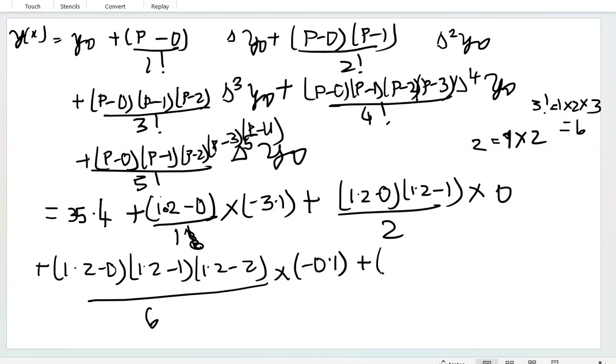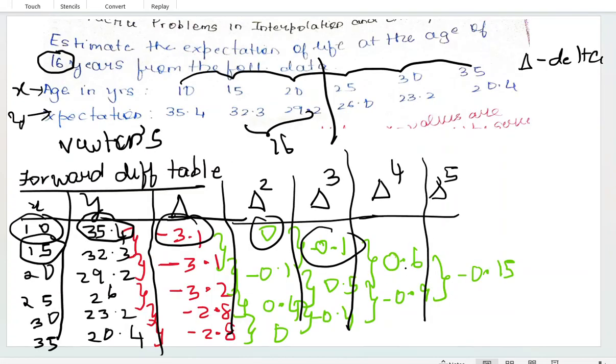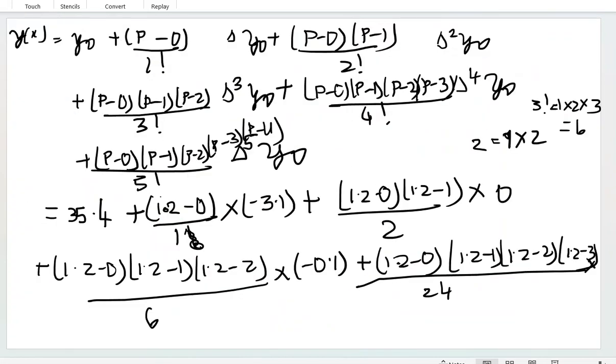Similarly, delta 4 will be 1.2 minus 0, 1.2 minus 1, 1.2 minus 2, 1.2 minus 3, upon 4 factorial. If you work out this way, 1 into 2 into 3 into 4, you will get the answer 24. And delta 4 value is the answer 0.6, first value 0.6.